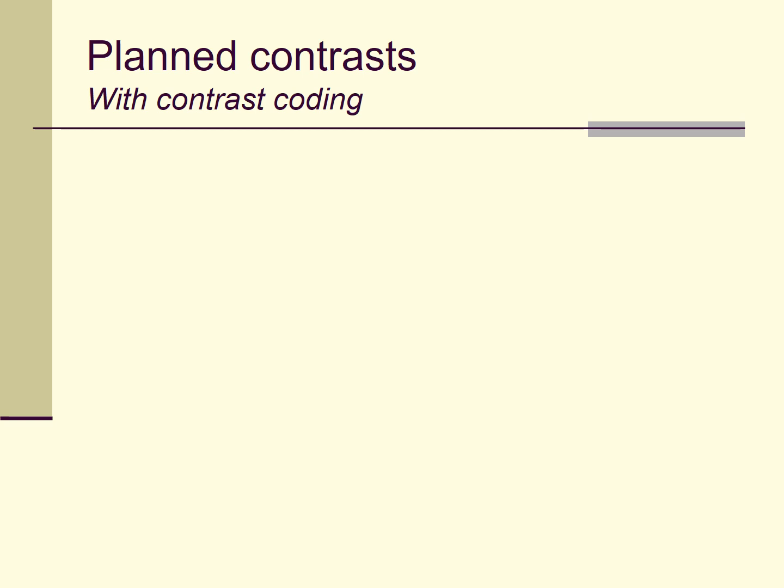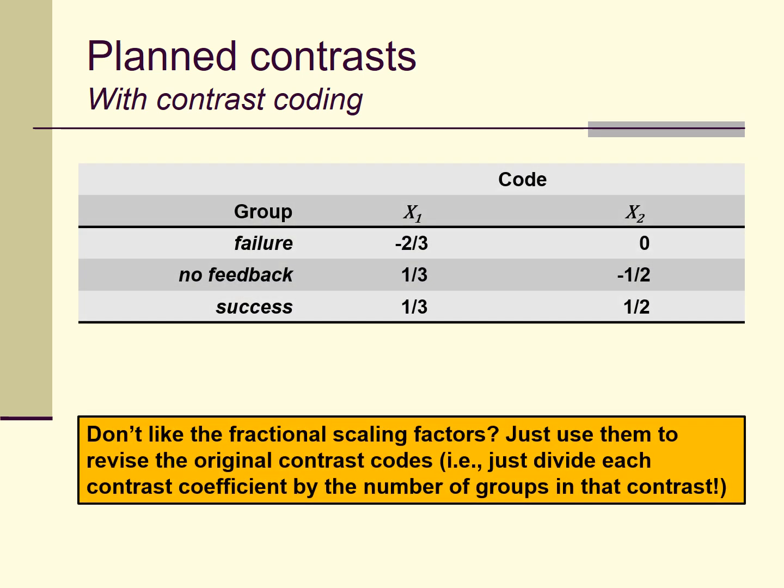But let's say you really don't like those fractions. You find them a little bit confusing. You don't want to bother to do the algebra or remember them when you're interpreting regression coefficients. What could you do? Well, if you don't like these fractional scaling factors, just use them to revise the original contrast codes. That is, take those original contrast codes and divide each contrast coefficient by the number of groups in the contrast.